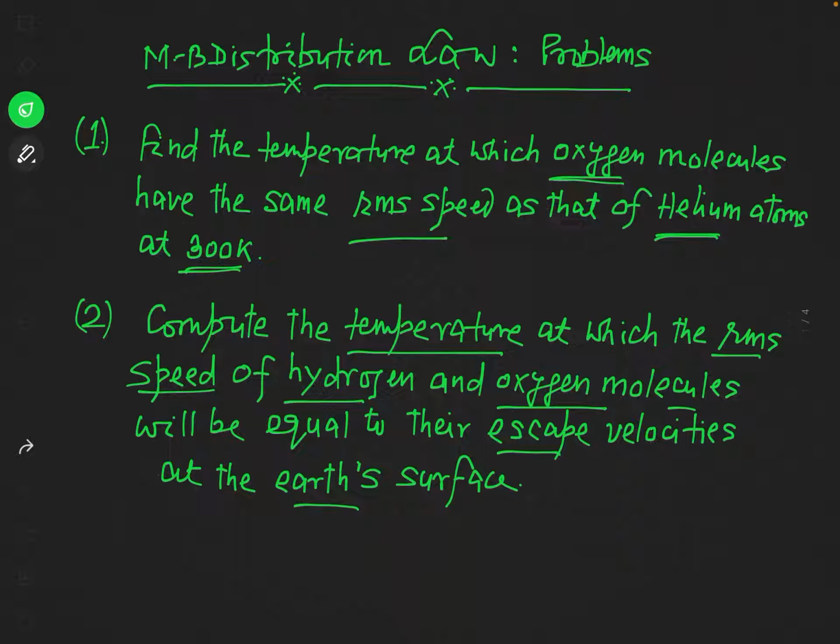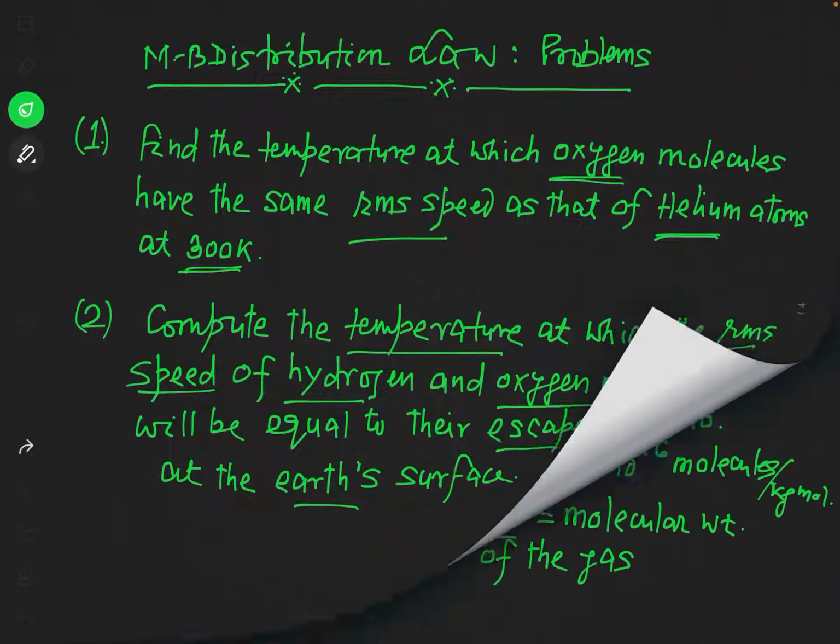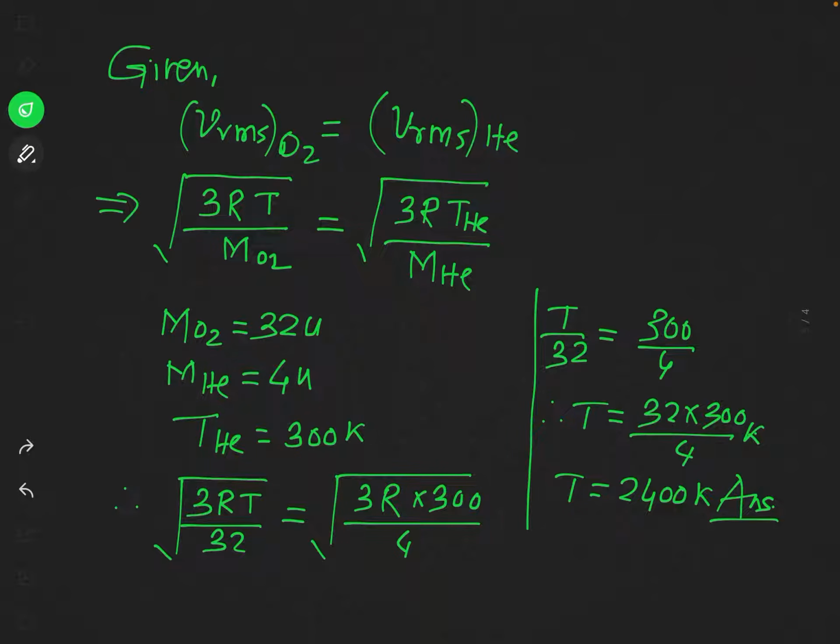To solve this problem, you need knowledge of escape velocity, and I hope you have studied escape velocity in the topic gravitation while studying in 12th standard. So definitely you have an idea of it.